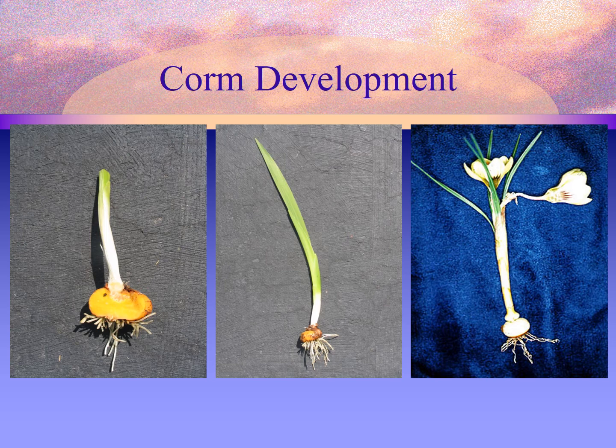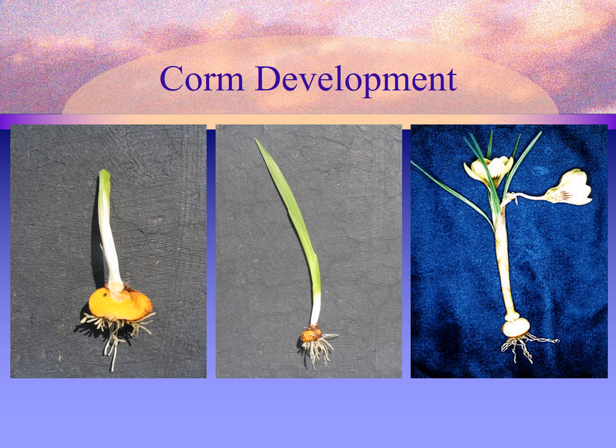All right, in the picture in the middle, I chose a different corm to harvest, and I dug it up several weeks after I dug up the first corm. In that picture you see a more fully developed shoot. It's green, it has produced leaves. You can see the corm, and you can see the roots that are developing from the bottom of the corm.